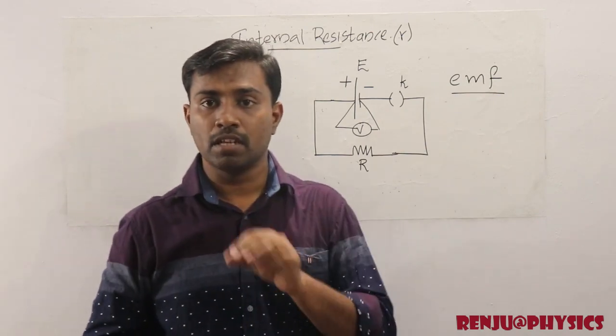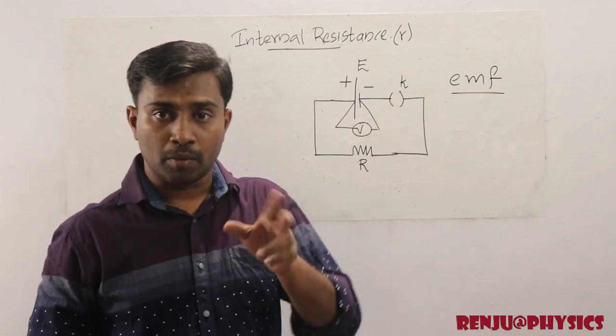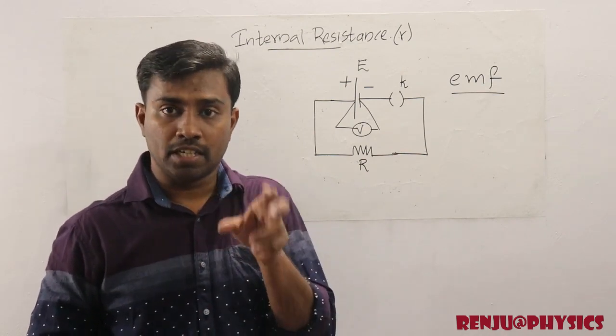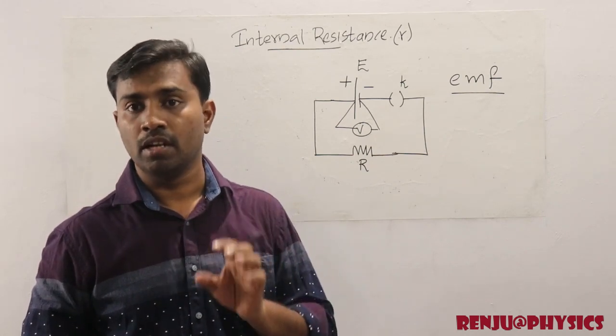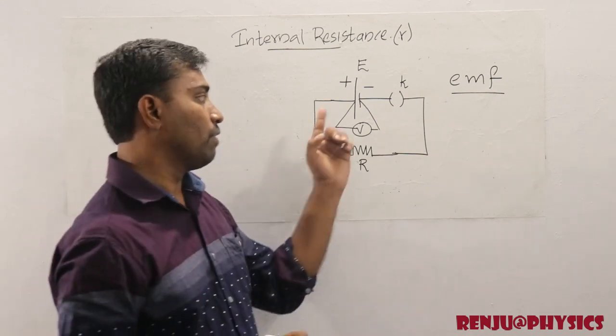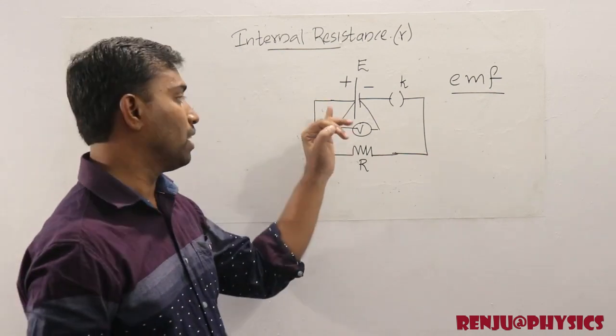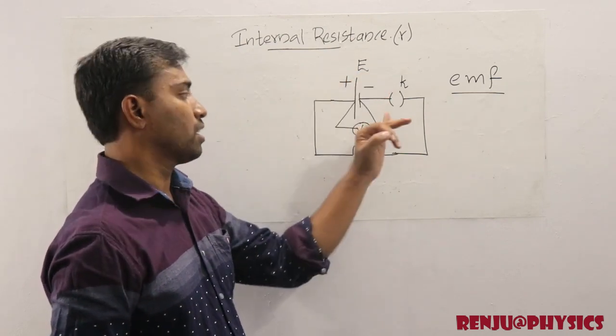EMF of the cell means the potential difference between the terminals of a battery or a cell when no current is drawn.